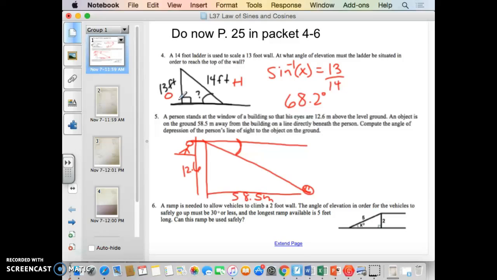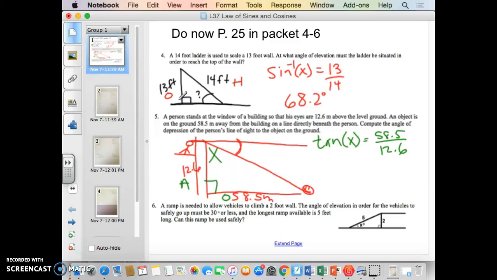So first I'm going to have to find this angle here, and I'm going to have to use that to find the one next to it. So again, here's my right angle. This is opposite over adjacent, so we're looking at tangent x. So right now you should be thinking, oh, I have to hit the second button of 58.5 over 12.6.